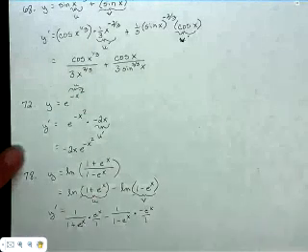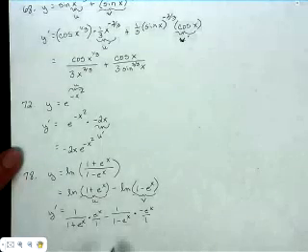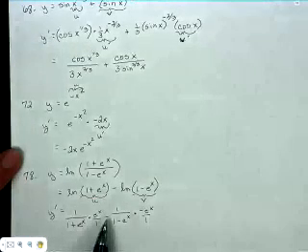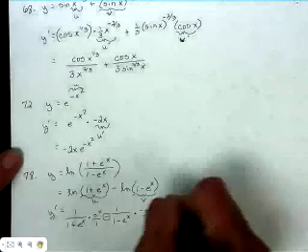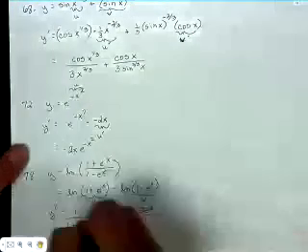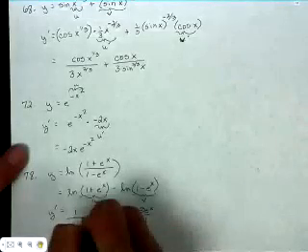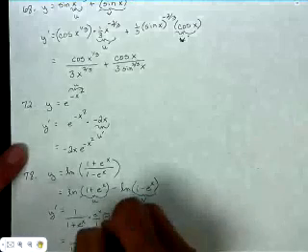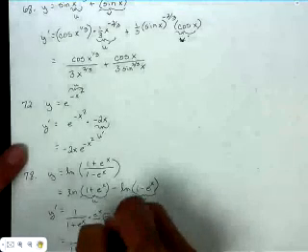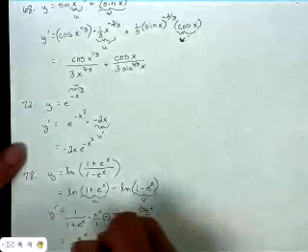So when you clean that up a little bit, notice that you have a negative here times a negative here. That gives you e to the x over 1 plus e to the x plus e to the x over 1 minus e to the x.